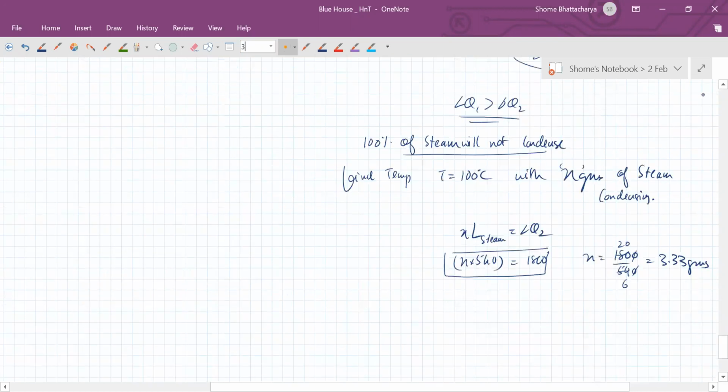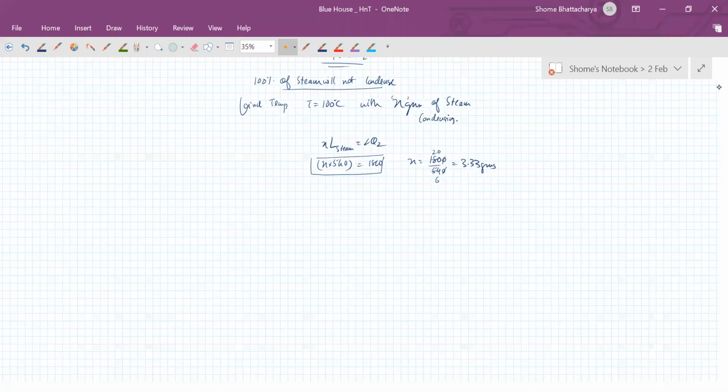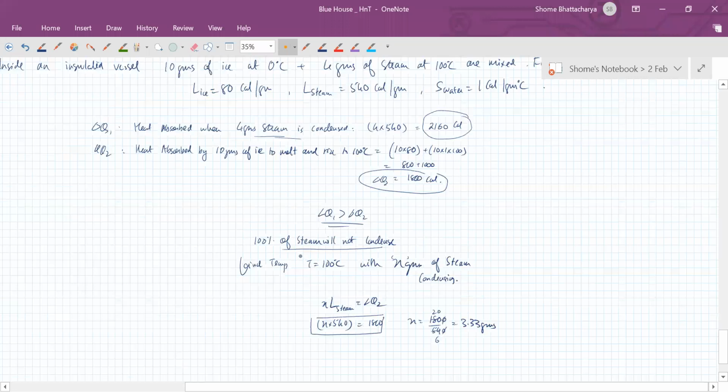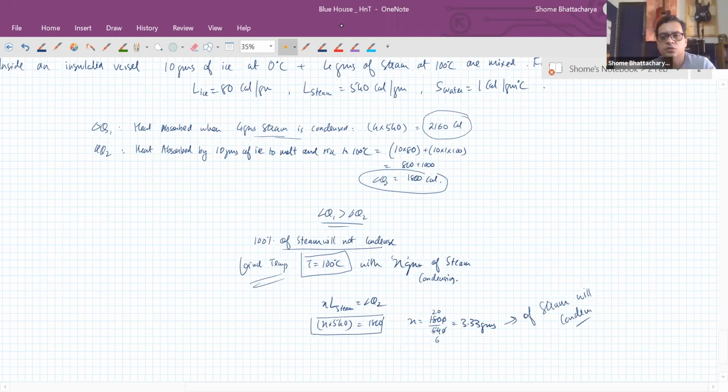Okay, so this is the final solution of this. So the final temperature will be 100 degrees C. Okay. And only 3.33 grams of steam condenses. Out of the 4 grams of steam that we had, only this much will condense. Okay, so that was the conclusion of this question.